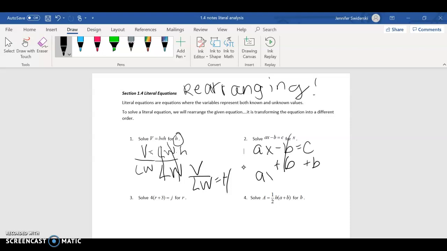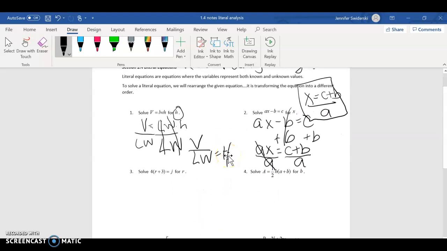We have AX is equal to C plus B. To get X by itself, AX means multiplication, so I need to do the inverse, which is to divide. I'm going to divide both sides by A, so my final answer is X is equal to C plus B over A. Essentially, we're just trying to get a variable by itself.